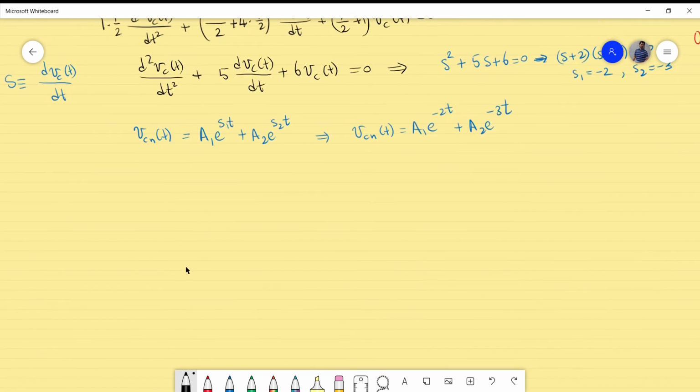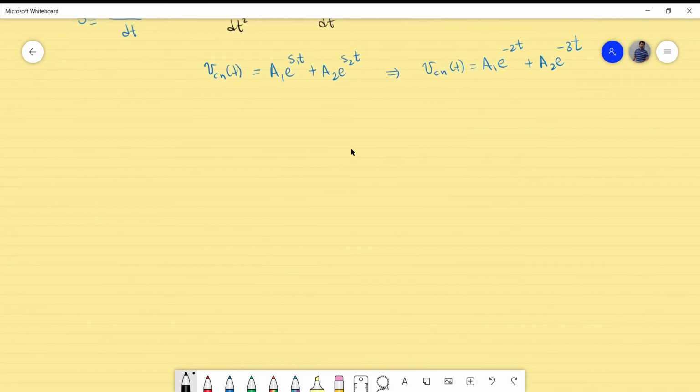So let's move on here. What is the total solution? The total response Vc is the forced response plus the natural response.